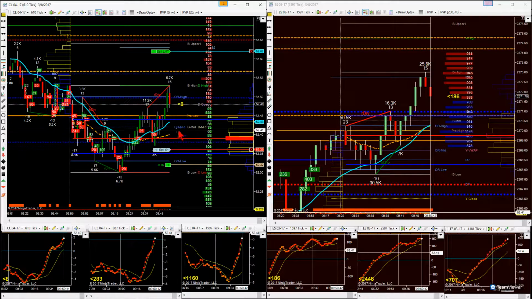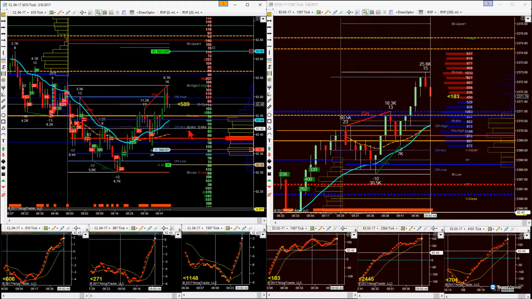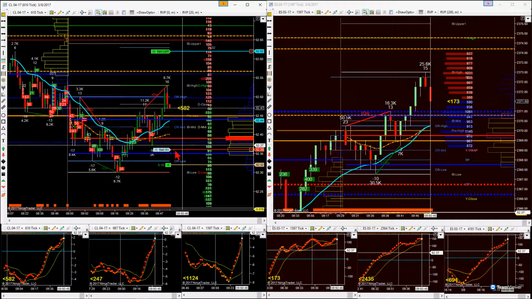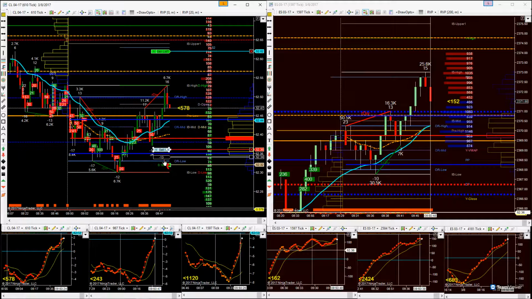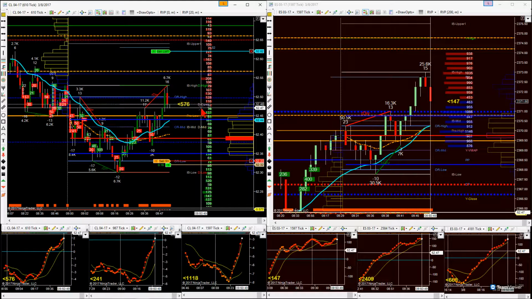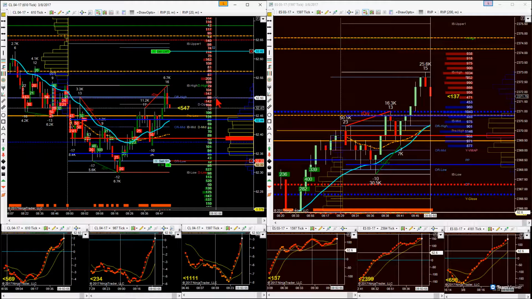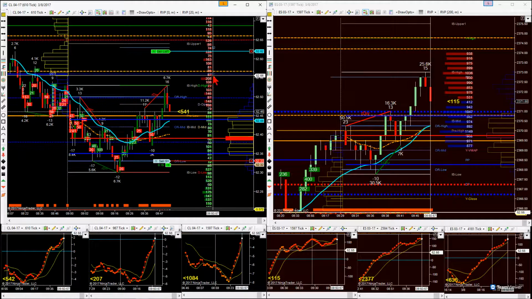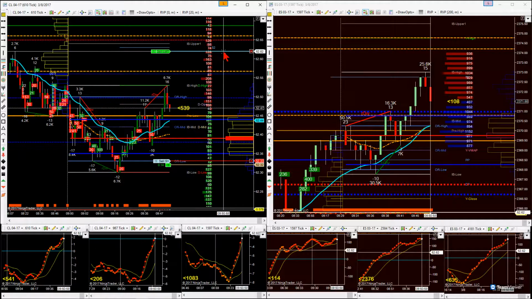Just moving my stop up a little bit. I'll leave it at break even for now. So current price 47. I got 14 ticks there, 15 ticks there. Basically I'm leaving my stop at break even and I'm leaving my profit target where it is.